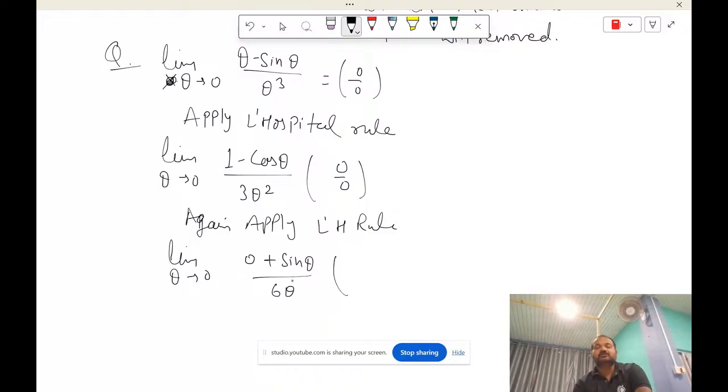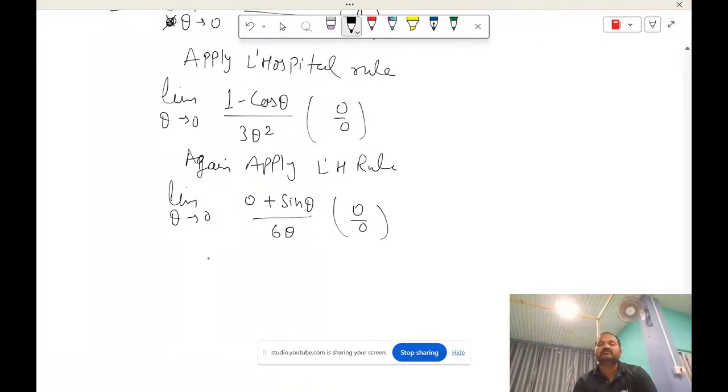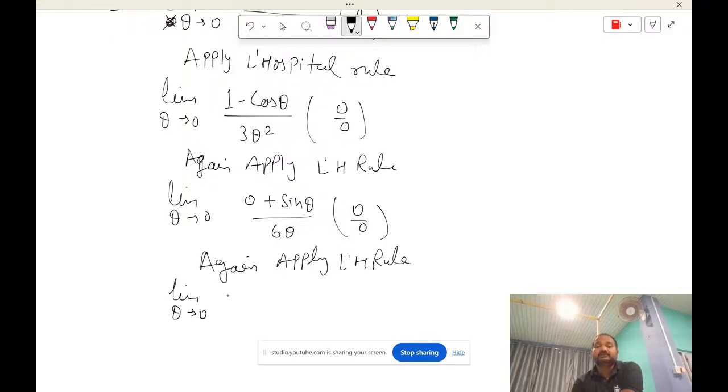We check after substituting theta equal to 0: sine 0 is 0, so again it comes in the 0 by 0 form. So again we apply the L'Hospital rule. We have to differentiate the numerator and denominator separately until it is independent of theta.